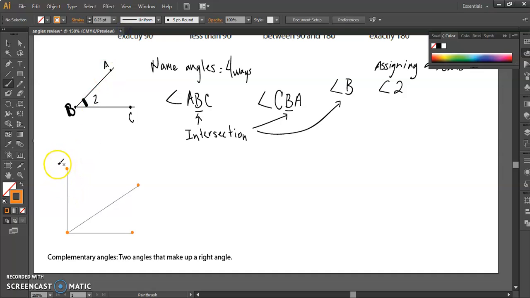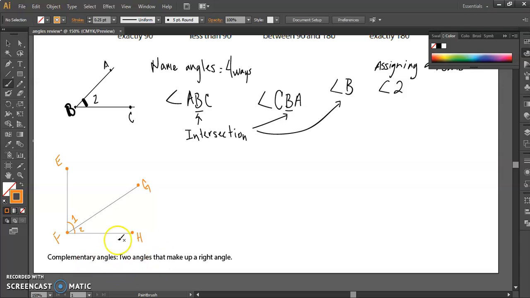This is going to be letter E, F, G, and H, okay? And I'm going to name this angle 1, and this is going to be angle 2, okay?